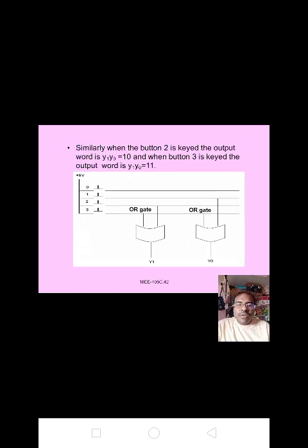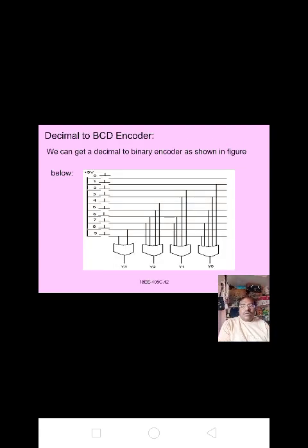Okay. Next, decimal to BCD encoder. We can get a decimal to BCD encoder as shown in the figure below. Please draw the diagram. Here for decimal to binary encoder, in the name it is given that decimal means here we have 10 inputs, that is 0 to 9.